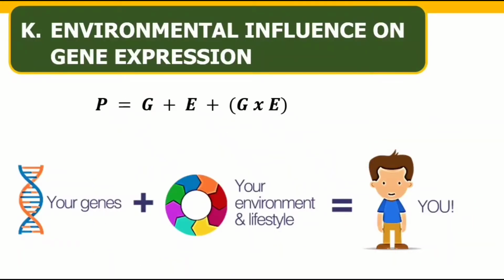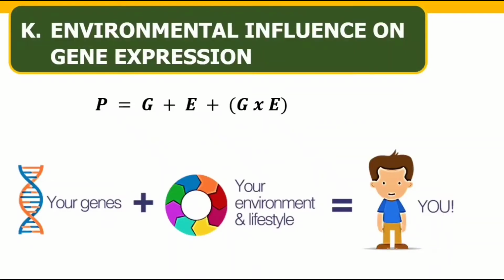This means that one will not be able to know the entire range of reactions of a genotype because it is not possible to expose an individual to all possible kinds of environments. Okay, malalaman lang natin yung range of reaction of the genotype for a particular environment, 'di ba?